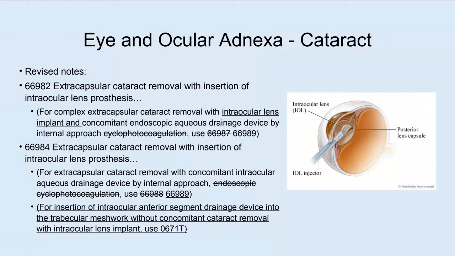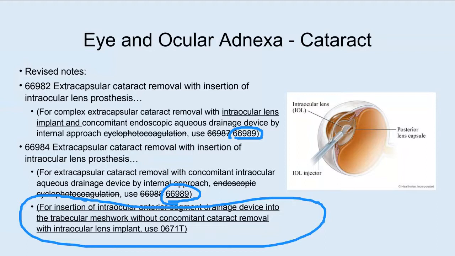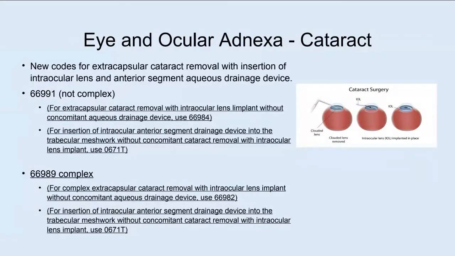And there's a note under here. It added 66987, 66989 for both of them, and also under 66984 a reference to a category 3 code again. Okay, so new codes for extracapsular cataract removal with insertion of lens and aqueous drainage device. There's two possible codes.